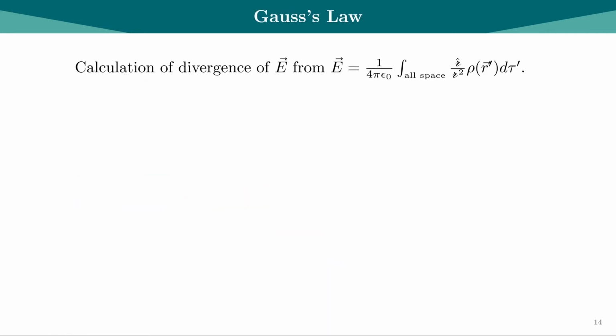Let us now try to calculate the divergence of E from the integral equation involving the charge density rho. Remember, the enclosed charge Q enclosed and the charge density rho are related as the integral of rho times d tau.